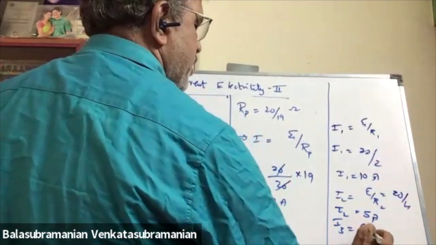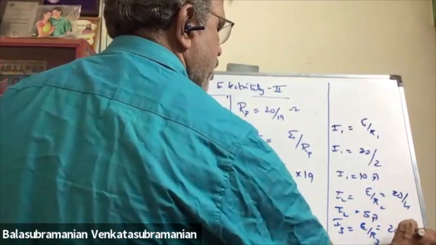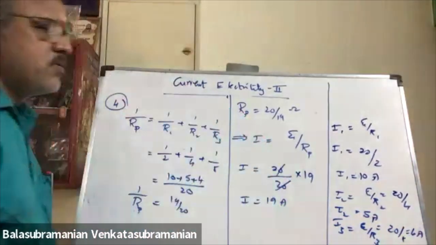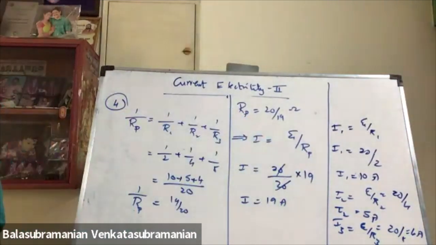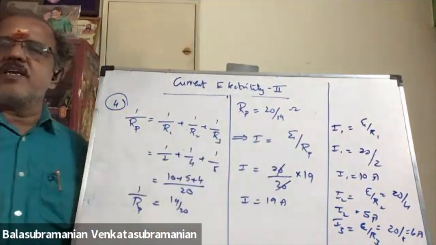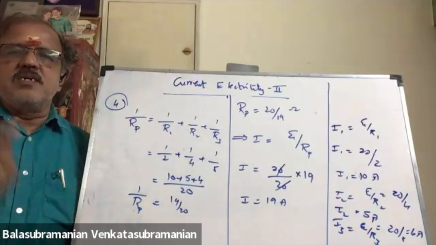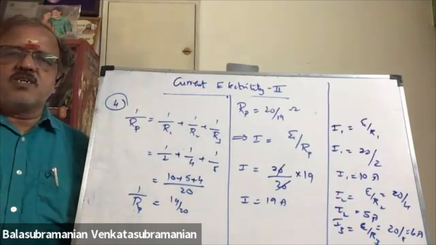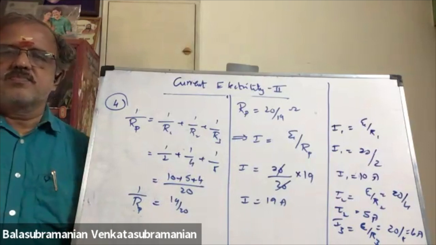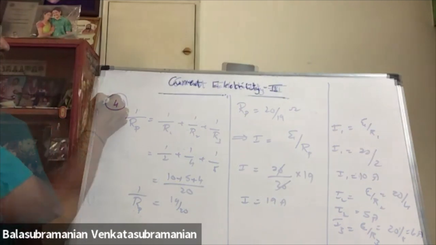I3 is psi by R3, 20 by 5, 4 ampere. So 5 plus 4 plus 10, 19 ampere. Total current itself is 19. If we add the individual currents also, we get 19. That means internal resistance is negligible or 0. Okay, so this is the fourth problem. Fifth problem.